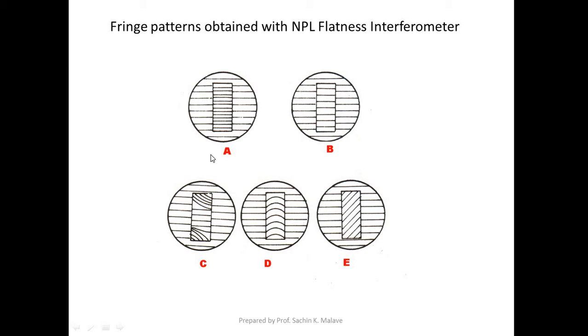So these are 5 different surfaces of the top of the gauge, and we have discussed how their corresponding fringe patterns look. Just by comparing the fringe patterns, we can easily correlate the pattern with the type of the surface.